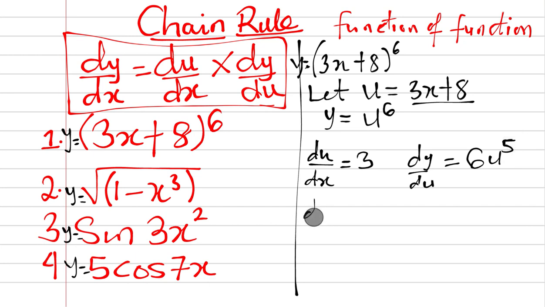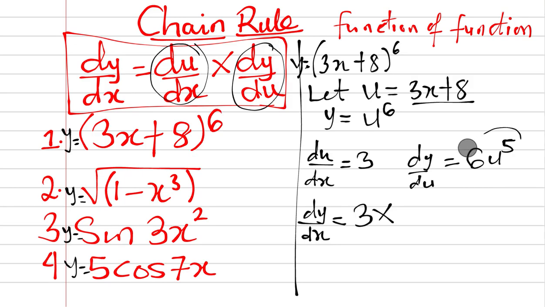So that means for our dy/dx, we apply our formula: du/dx, which is 3, multiplied by dy/du, which is 6u raised to power 5. And what is your u?